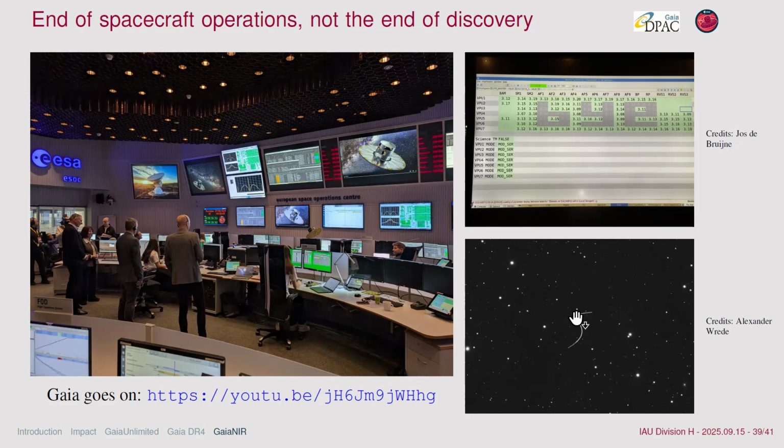Here you can see the track of Gaia over the sky in one example image. They also made a song for Gaia to say goodbye. You can find the link down here. It's, I believe, on the Titanic theme song, but with adapted text. And that was basically the end of the Gaia space mission.